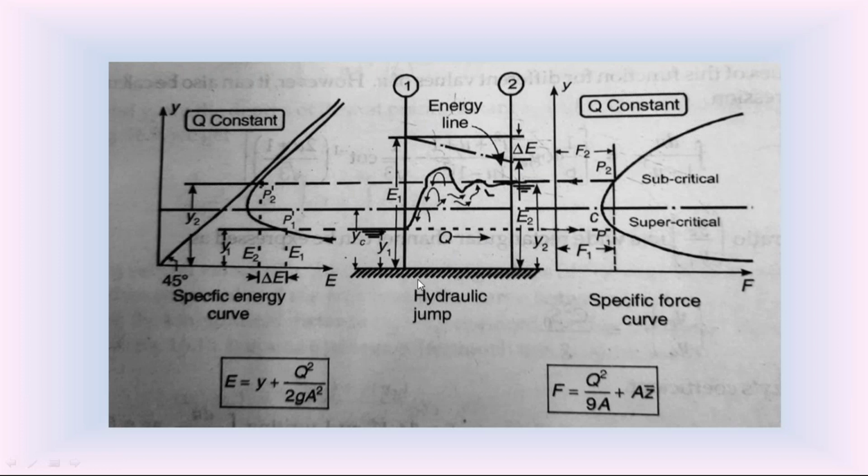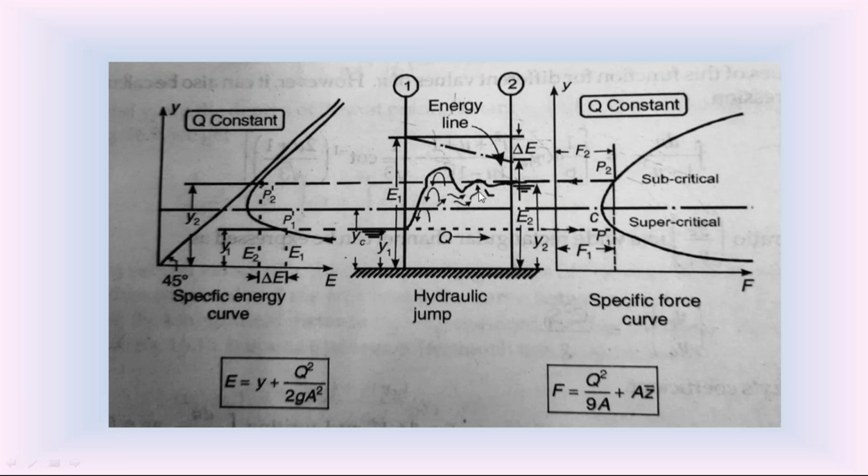So in this diagram, the specific energy before the hydraulic jump is E1, y plus q square by 2g A square. After the hydraulic jump at section 2, this is the specific energy E2. Check these two values, E1 greater than E2.